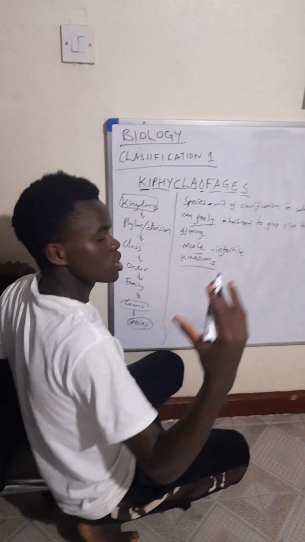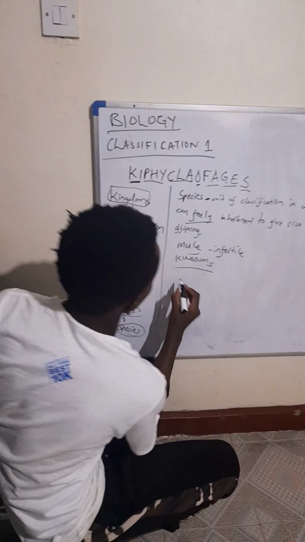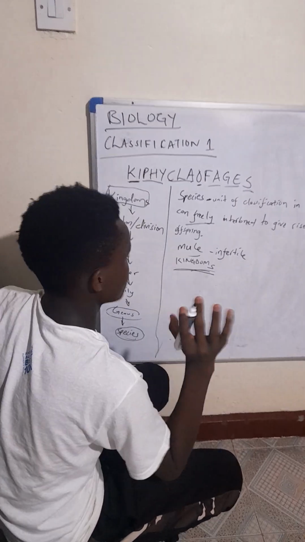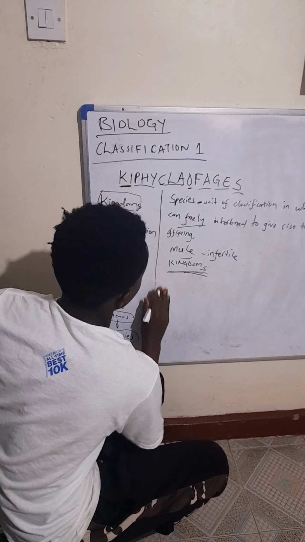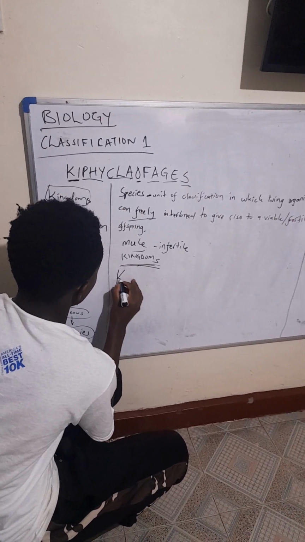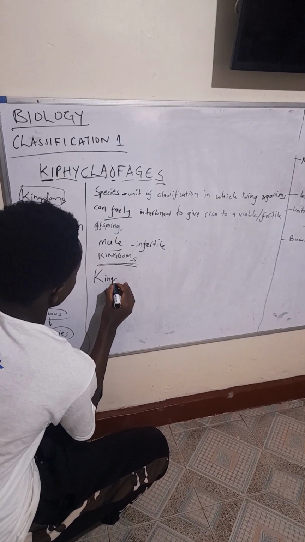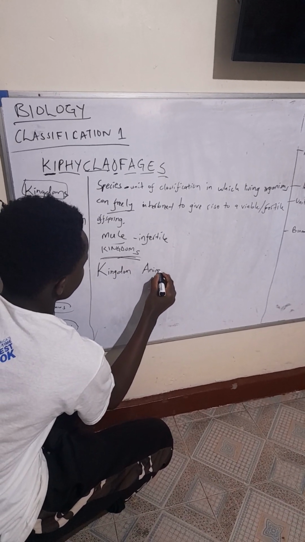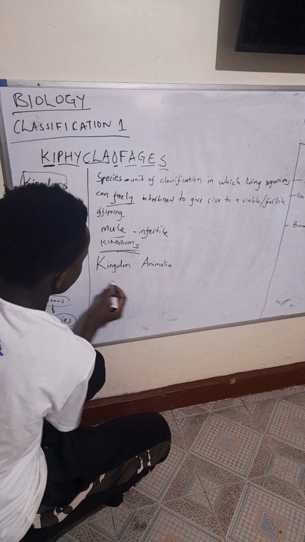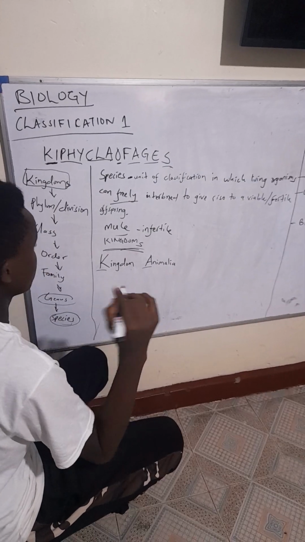We start with the kingdom in which we all are, the human beings. Remember, we are animals as well, so we are in Kingdom Animalia. See? K capital, A capital. That's the first kingdom.